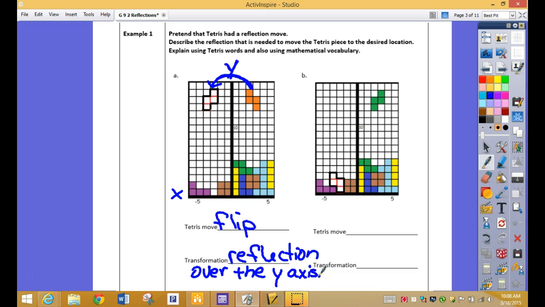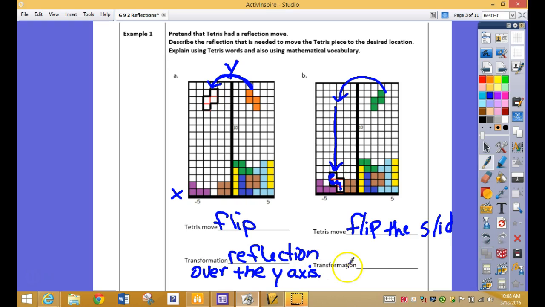Now here, what did I do? In words that we used to know, what did we do to get from this one to this one down here? First I had to reflect it, or we had to flip it. And then what did we do? What did we know that word as yesterday? Translation. We slid it.